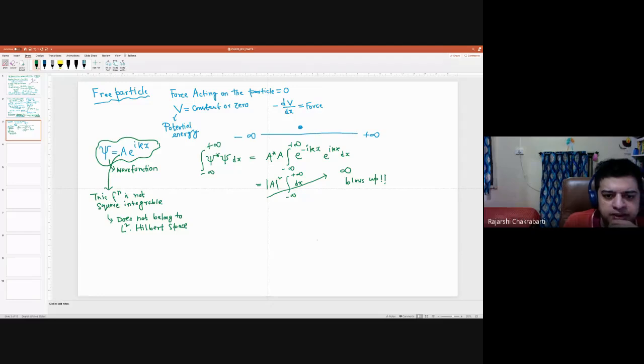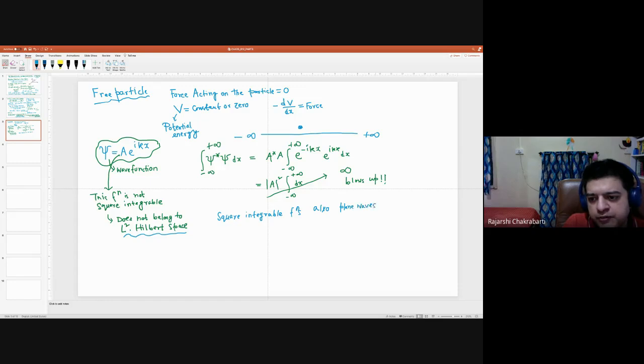Then what is the problem? The mathematician would say they don't belong to the Hilbert space, but the physicists are more liberal, I would say. They say okay, they don't belong to the Hilbert space, but I can include them. So the physicists have taken these square integrable functions and also functions like exponential ikx, which are called plane waves.